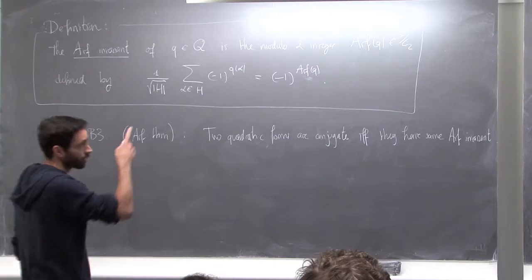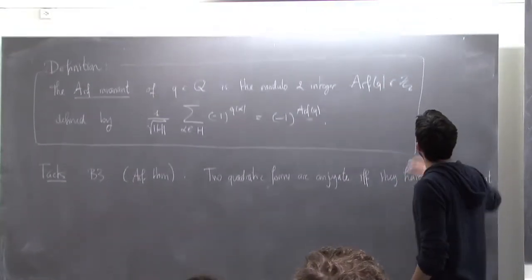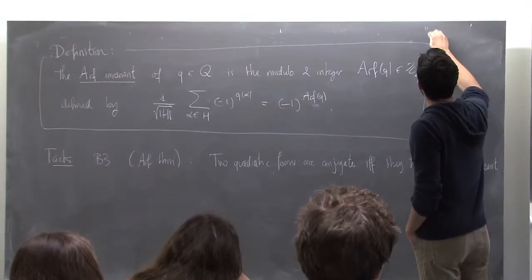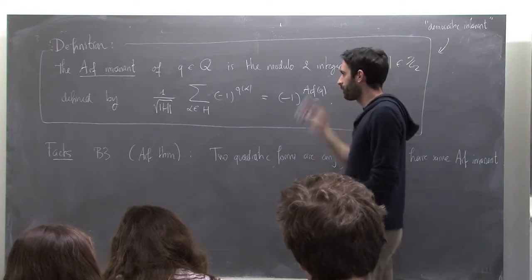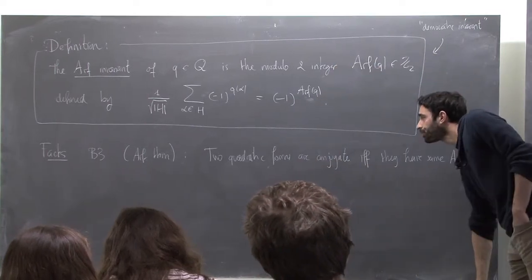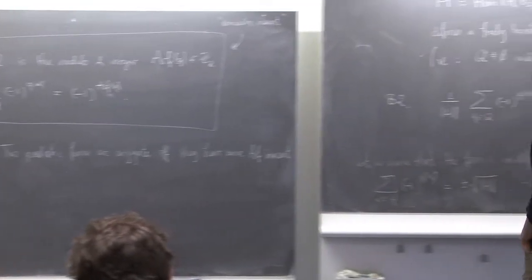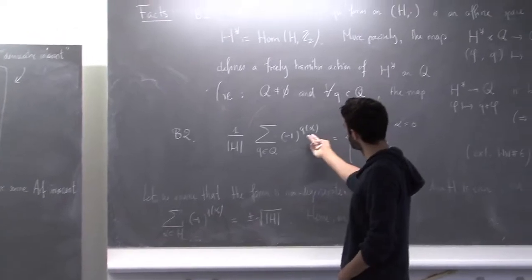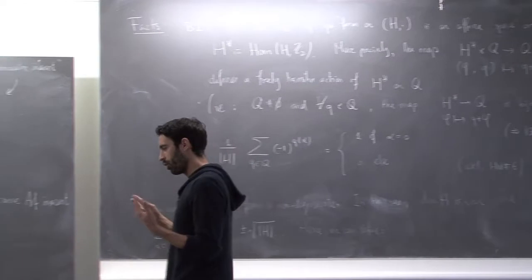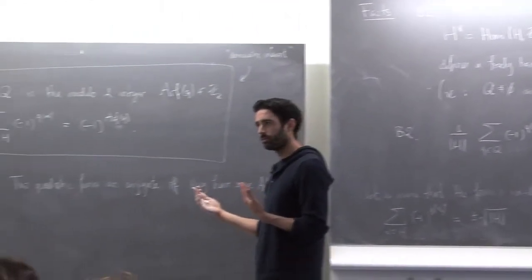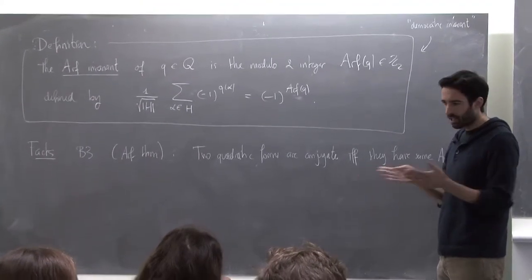That's also going to be proved in exercise. It's also called the democratic invariant. Because actually, you're going to see in the exercise, since the form is non-degenerate, a quadratic form Q like this will always take a certain number of times the value 0, a certain number of times the value 1, and there's never going to be a tie.